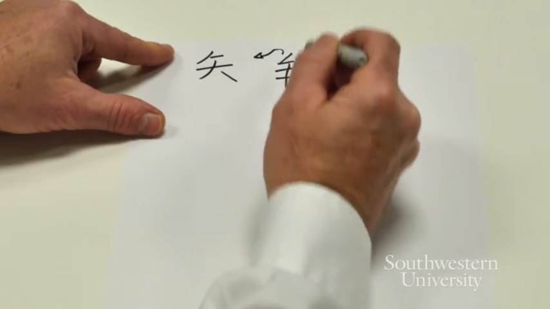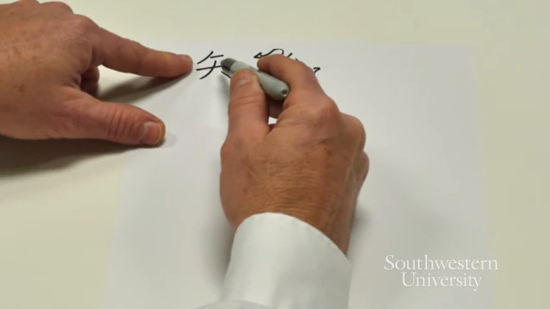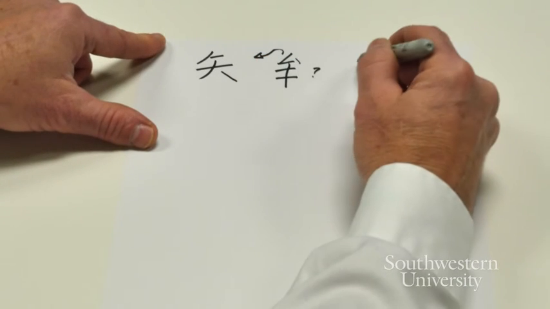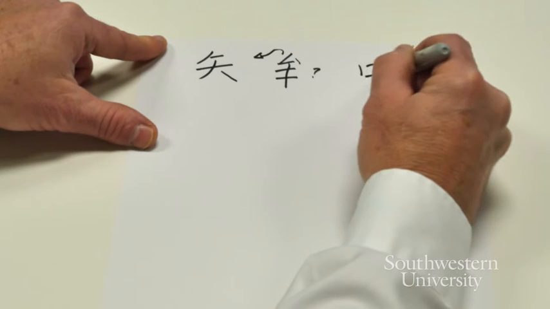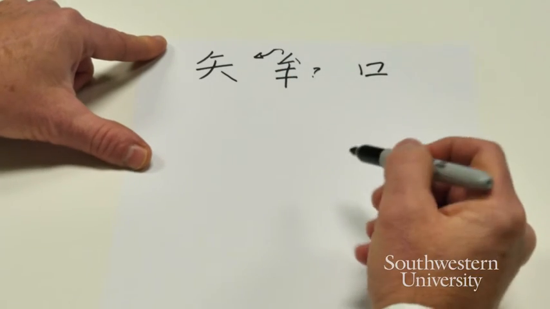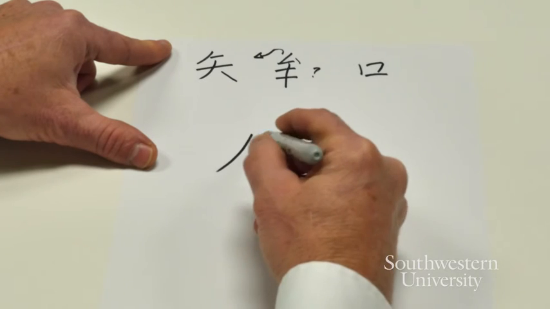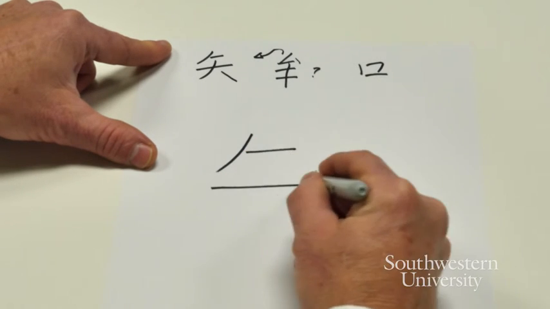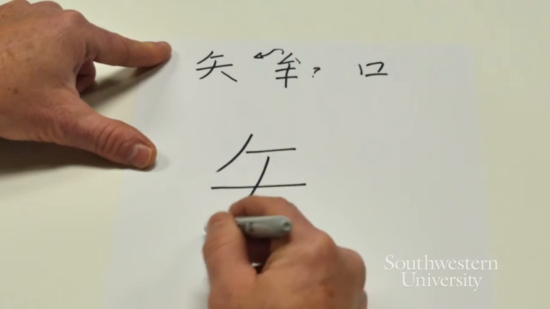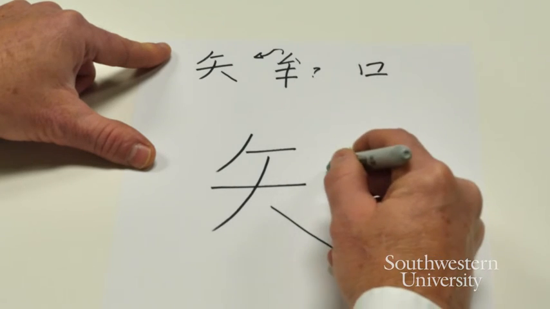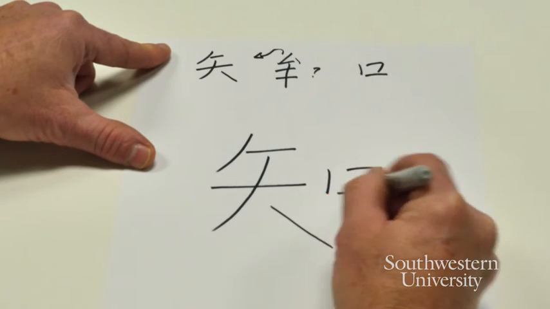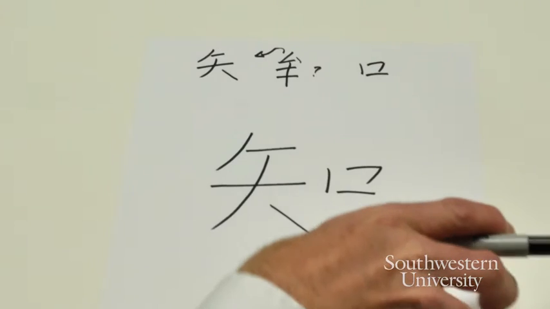So this is the modern component. This actually means arrow and is pronounced shi. So the mouth radical to the side shows that it's just being used for its sound. Zhi, to know.